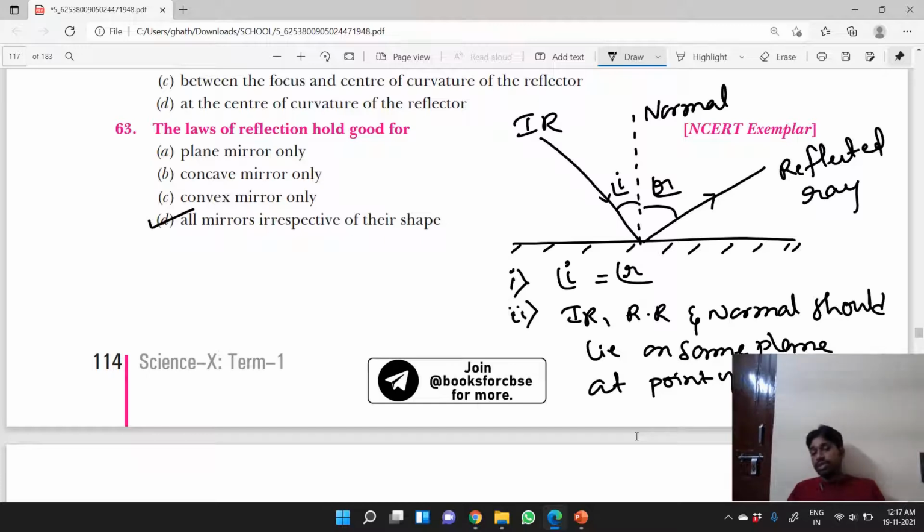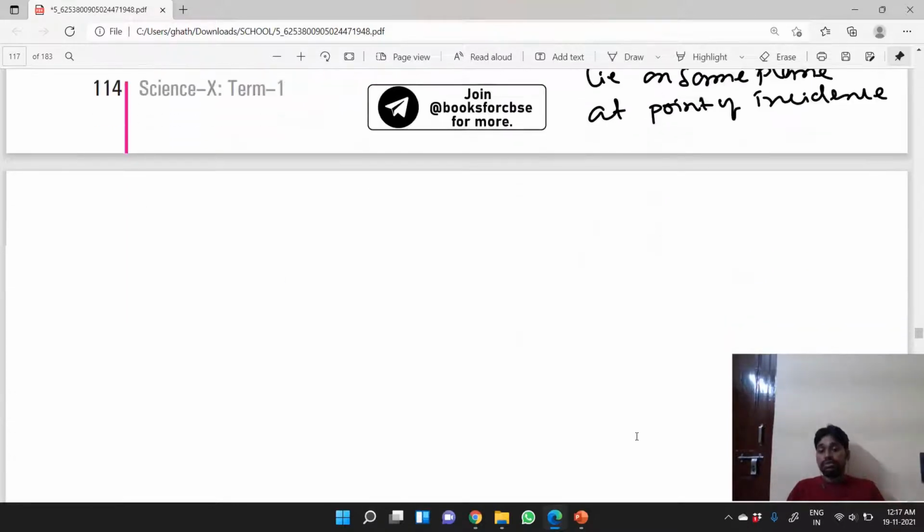Okay, these are the two laws. They hold for all surfaces irrespective of their shape. So the first law and second law are valid for all kinds of surfaces: concave, convex, plane, or so on.